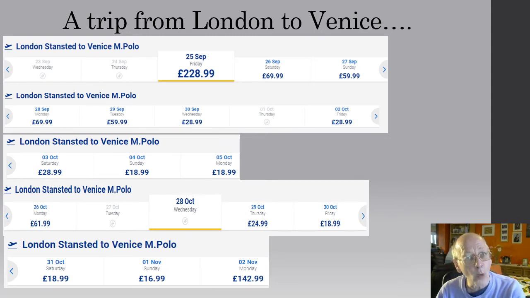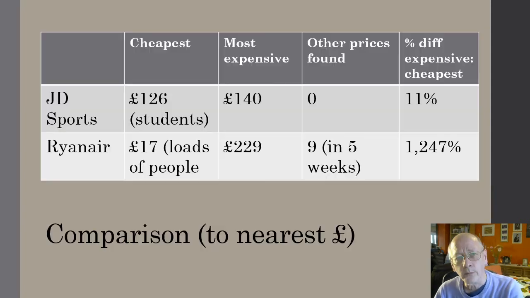Think about it. When are the school holidays? So it's two different firms. JDSports, literally two prices was all I could find for the same pair of trainers. The price difference was 11% between the two. If you go from 126 to 140, it's 11%. Ryanair, the cheapest was £17, but for exactly the same journey, the most expensive was £229.